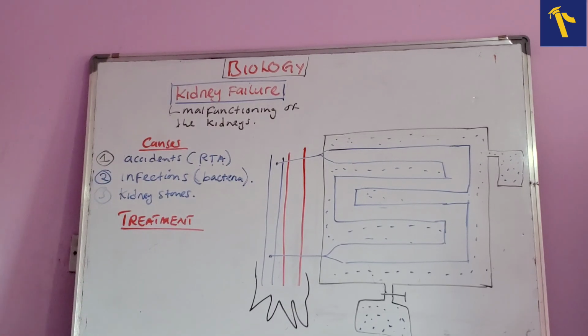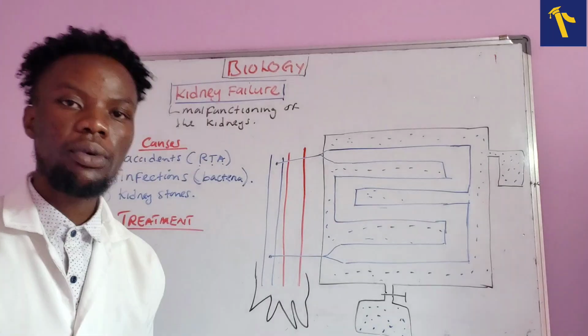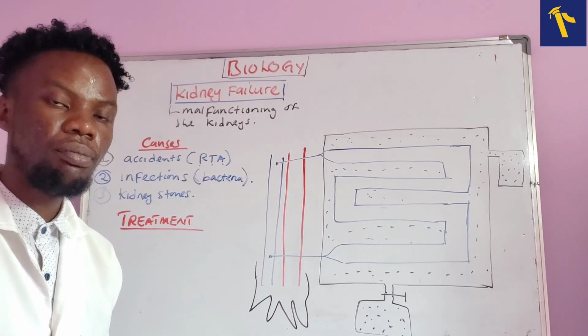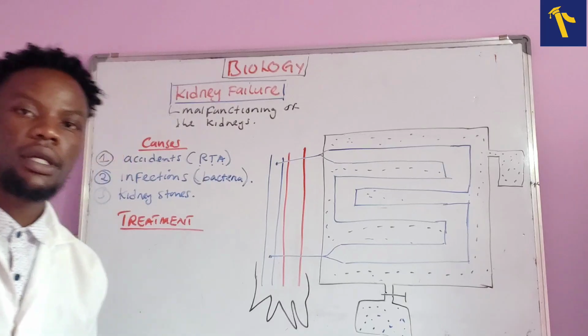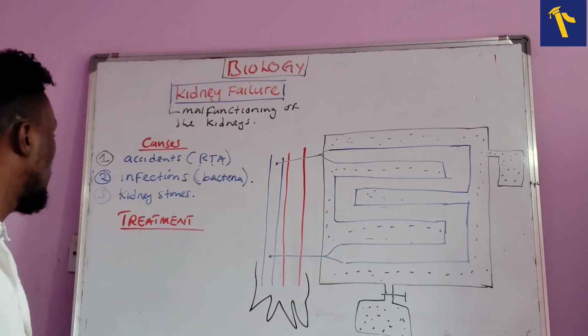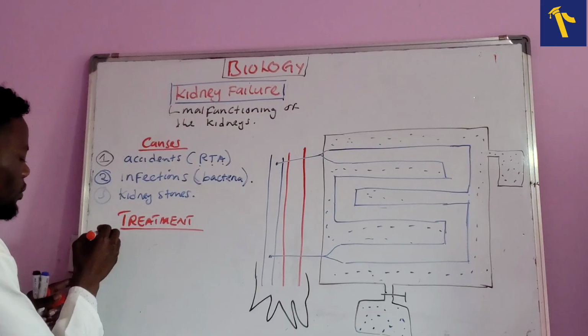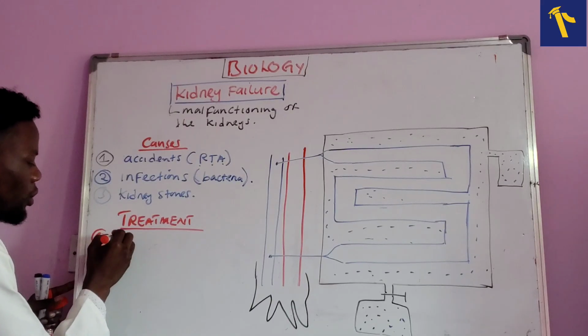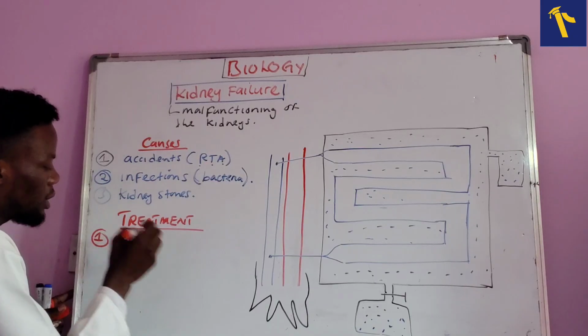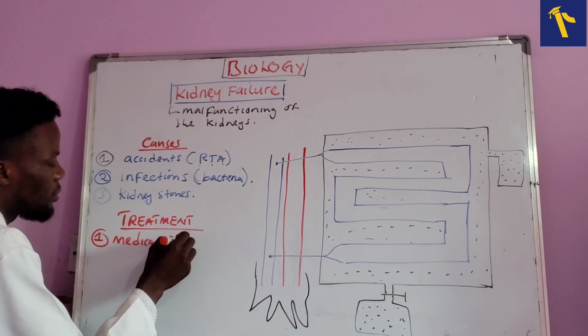Basically there are three important ways in which we can treat kidney failure. The first one is medications.